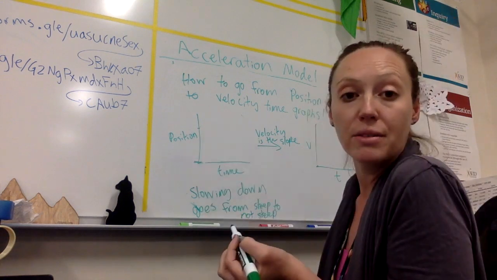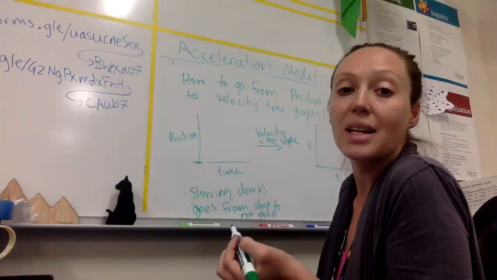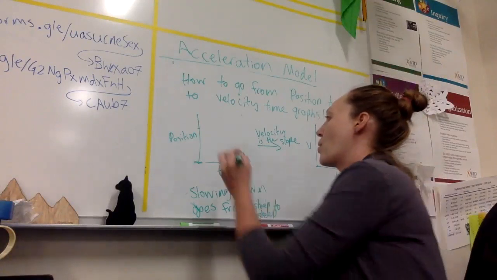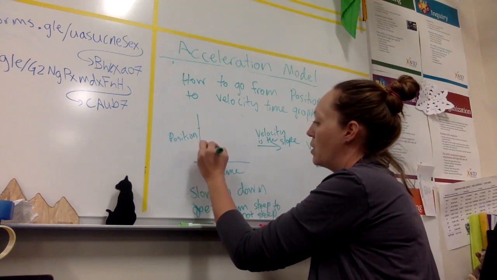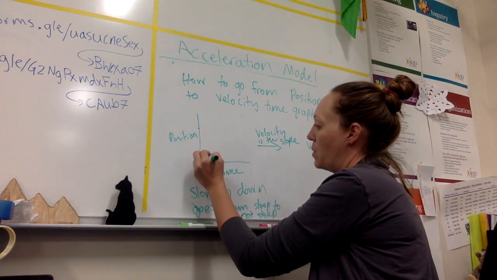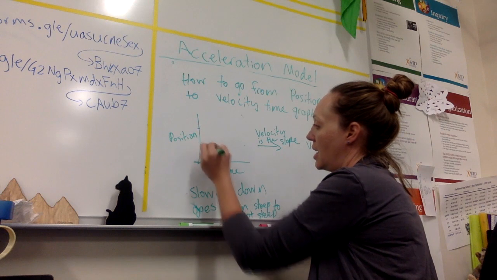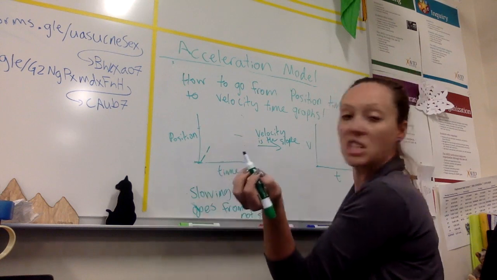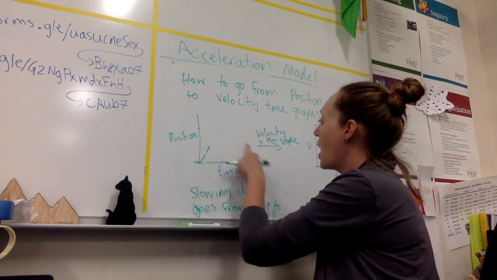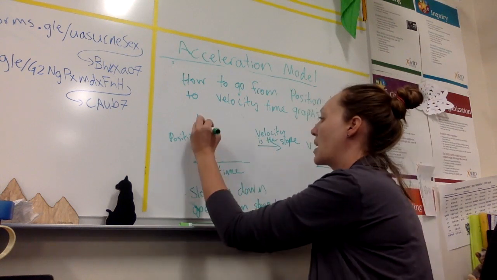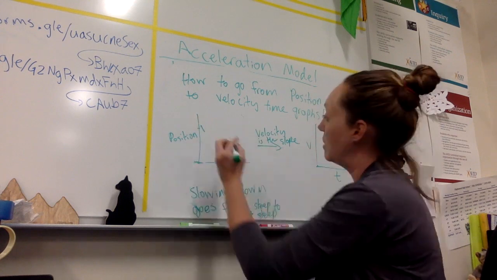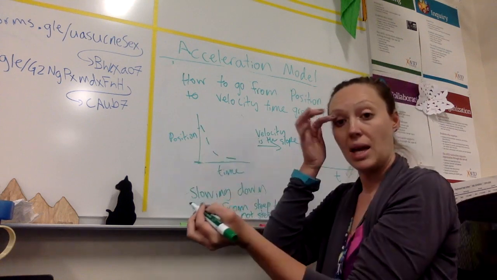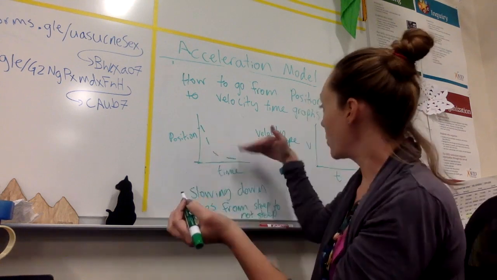Now negative, remember negative, we would want to be looking at our slopes. So a positive slope looks like this. That might be a positive steep slope that gradually gets to no slope. A negative slope looks like this. That would be a negative steep slope that maybe gradually gets to a negative, no slope.